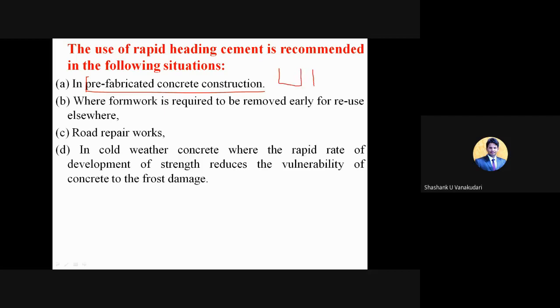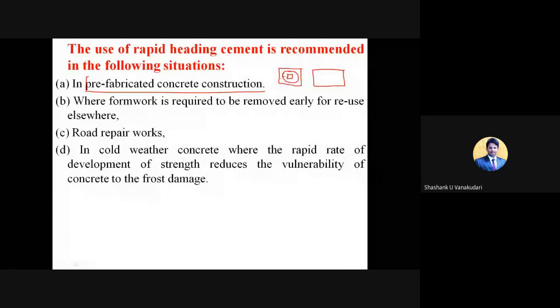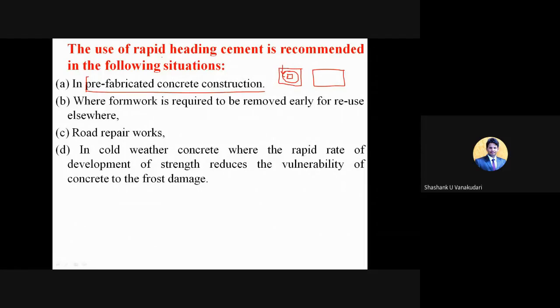Think that this is a wall panel mold, with an opening for a window. They place concrete all over this mold, and within a shorter period of time you can remove it and place it for curing, because at the earlier time this rapid hardening cement sets and gives the early strength compared to OPC.